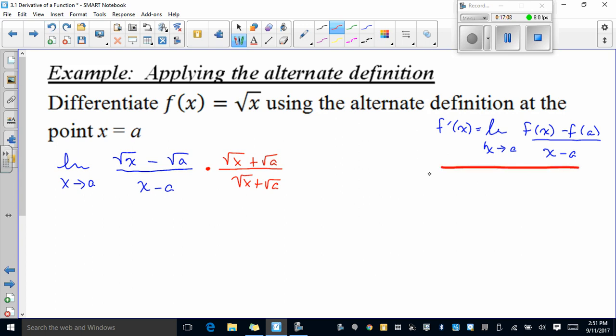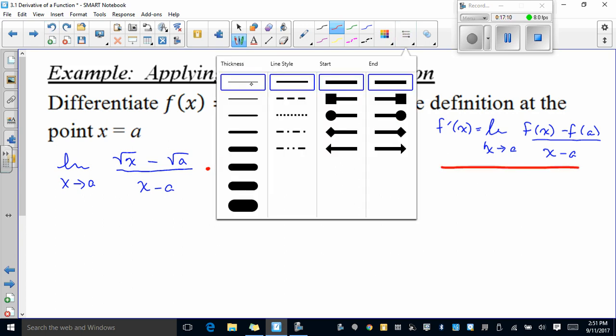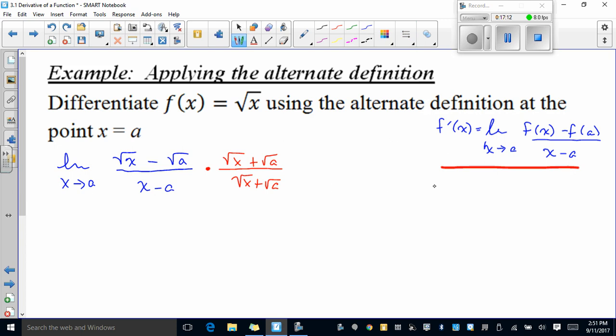So I have the square root of x minus the square root of a times the square root of x plus the square root of a. And this is a difference of squares, so after a while you should be able to recognize this, but I would go ahead and go through with it. But before I do, I'm going to actually write down the answer over here.